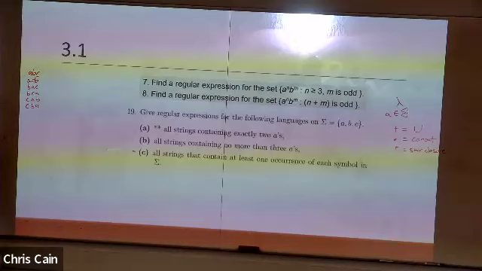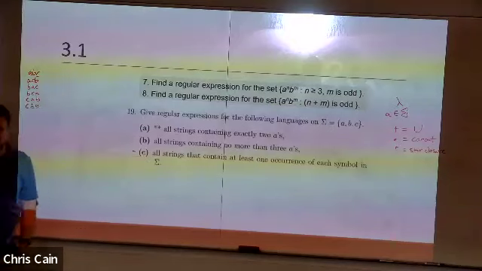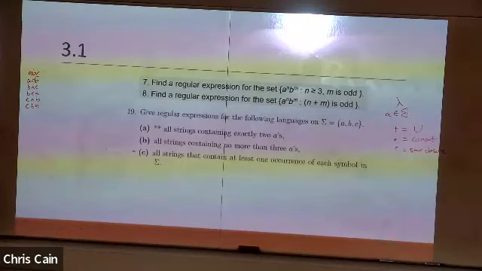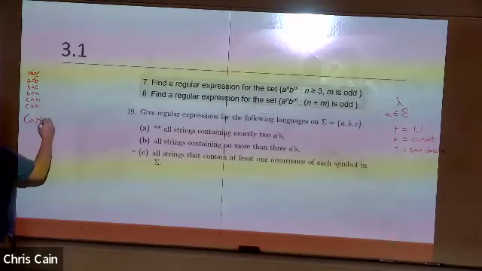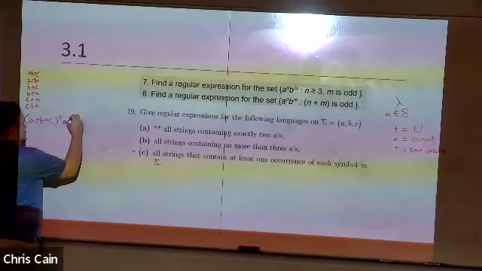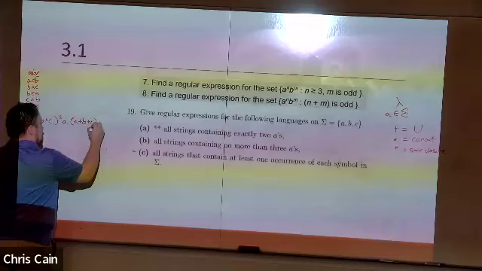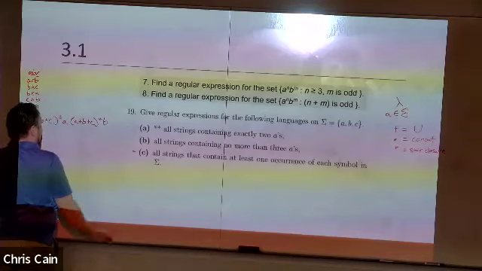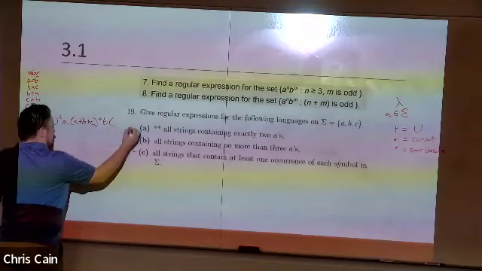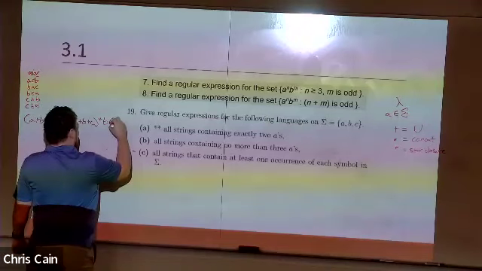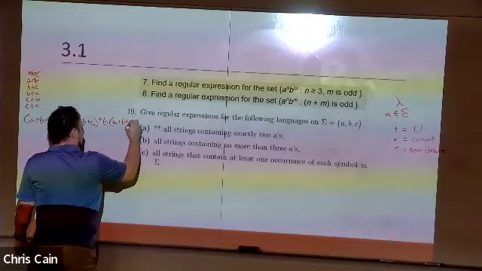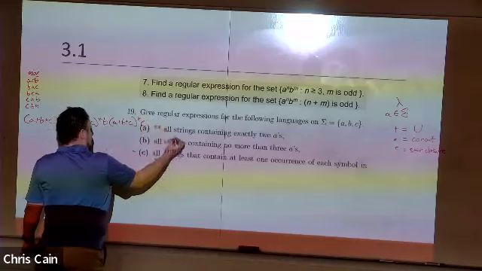So A, B, C, how do we do this? Well, since it is at least one occurrence, who knows what comes before the A? So we need to write out that anything could come before the A. Then anything could come after the A, between the A and the B. And then anything could come before the C. And then anything could come after that.